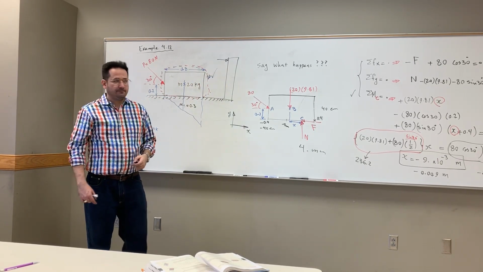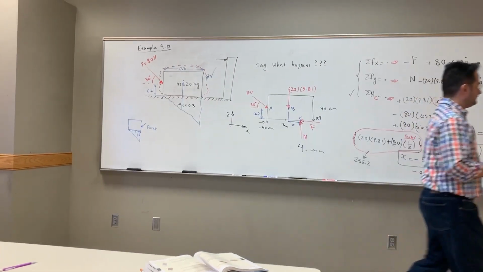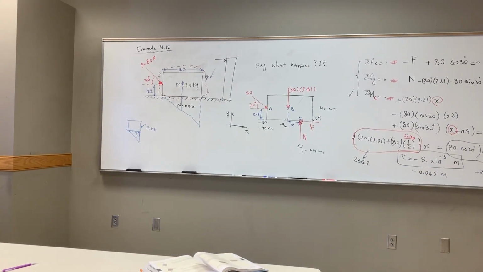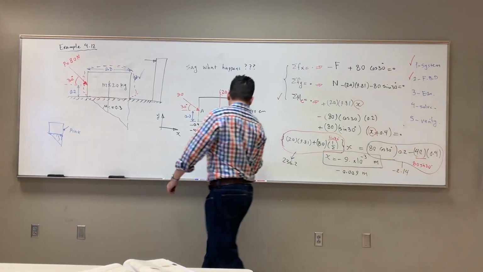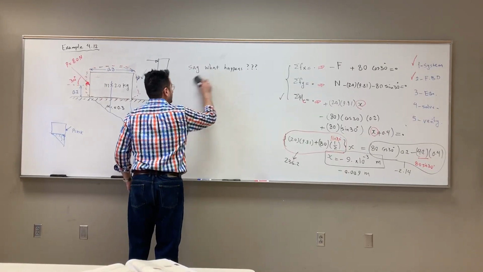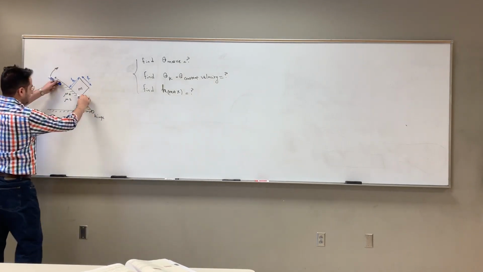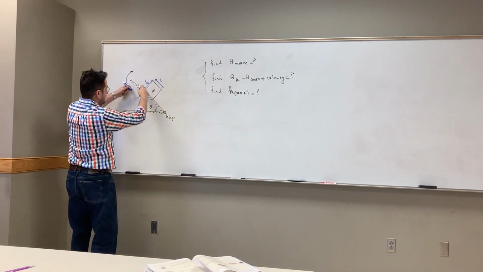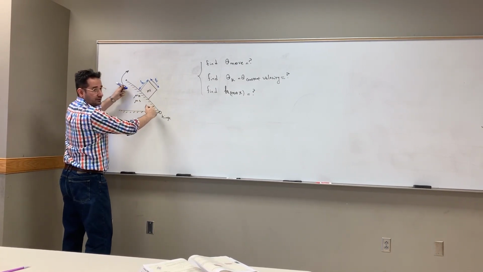Okay? Now let's solve another example. Initially theta is 0, right? So on this surface, there is a hinge here, a mechanism with which we can increase theta.